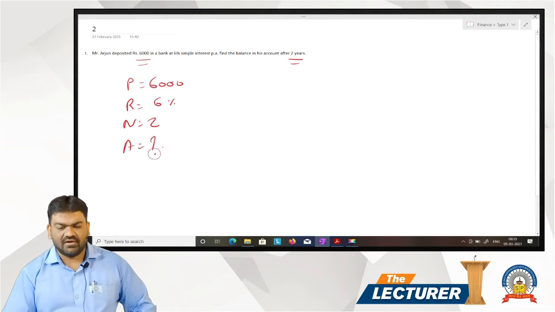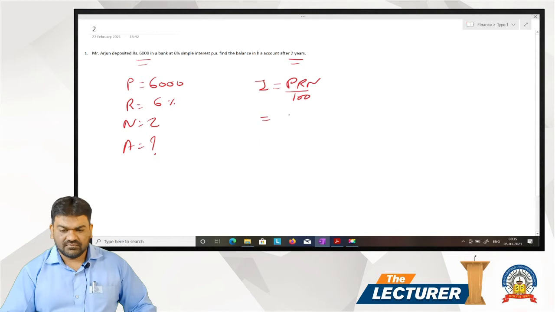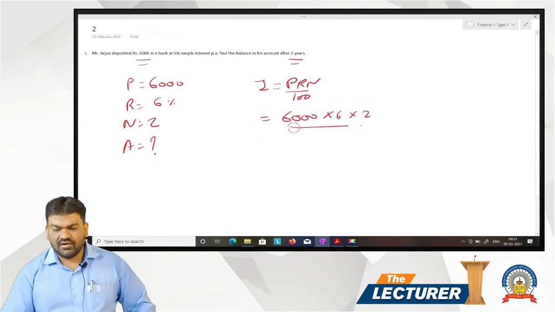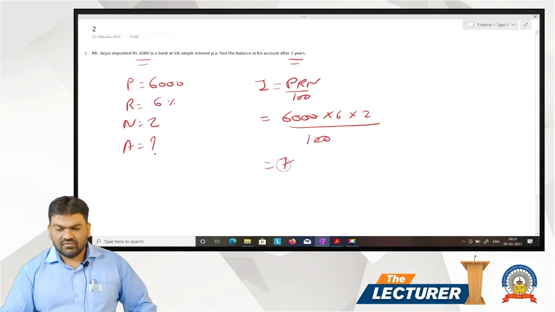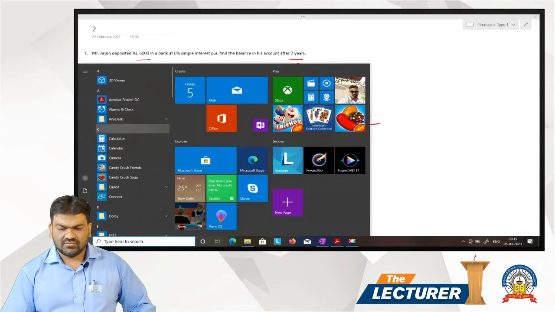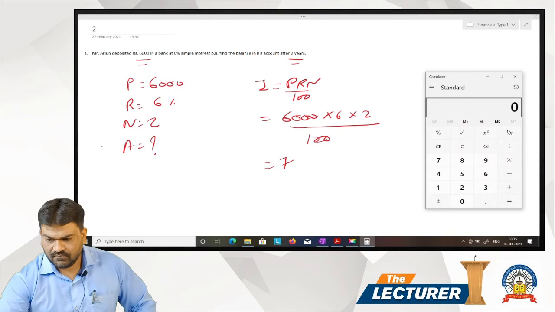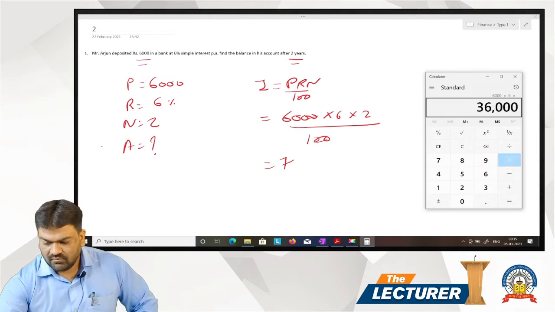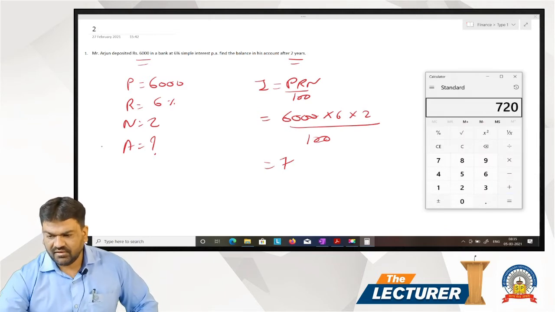So we have to find out A. So first, I is equal to PRN upon 100. 6,000 multiplied by 6 multiplied by 2 divided by 100. 720.